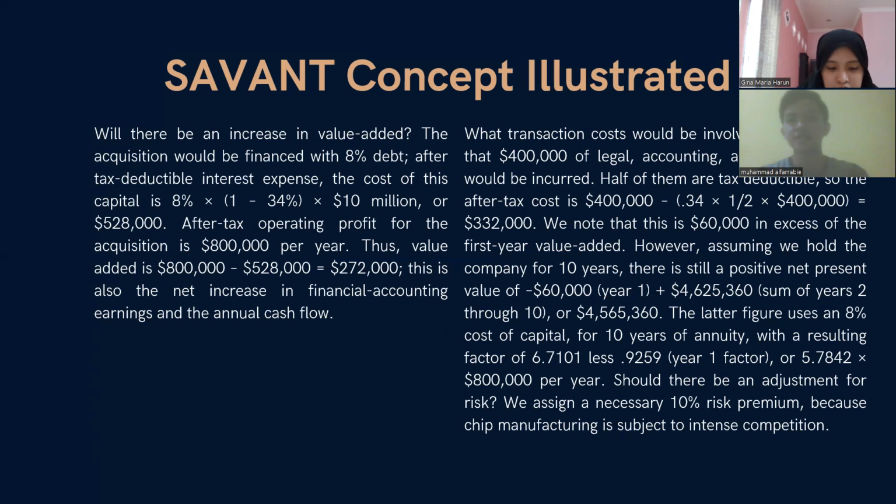However, assuming that we hold the company for 10 years, there is still a positive net present value of $60,000 for year 1, plus $4,625,360 for the sum of years 2 through 10, which equals $4,565,360.